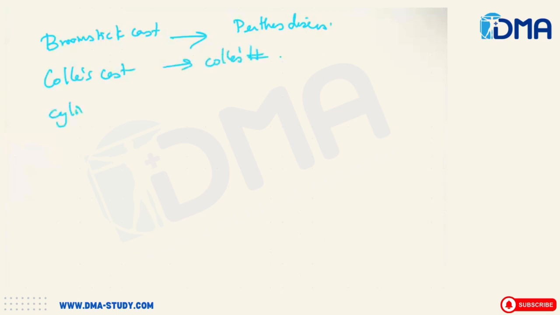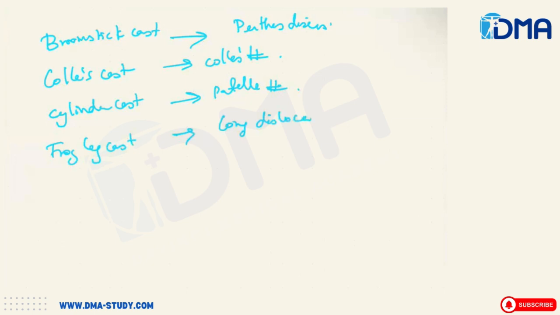Cylinder cast is used for the patella fracture. Frog leg cast is used for the congenital dislocation of hip. Glass holding cast is used for the fracture of the scaphoid.